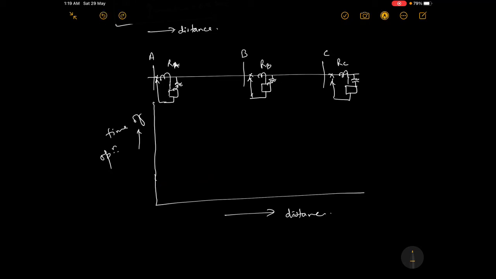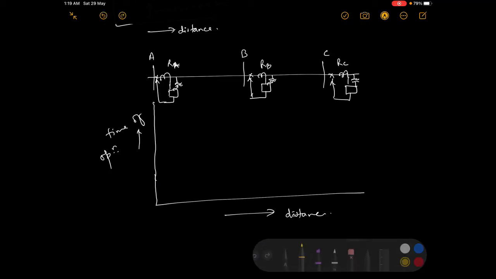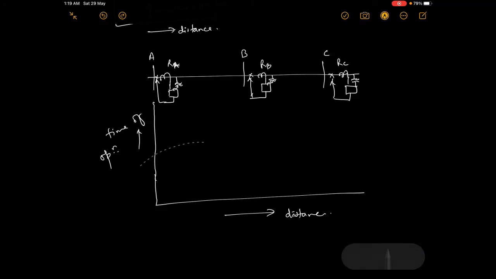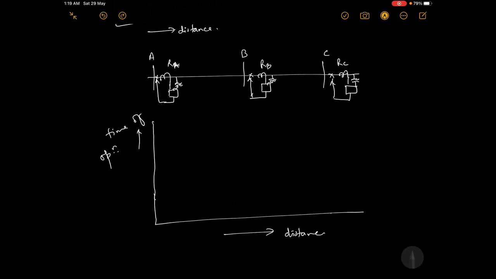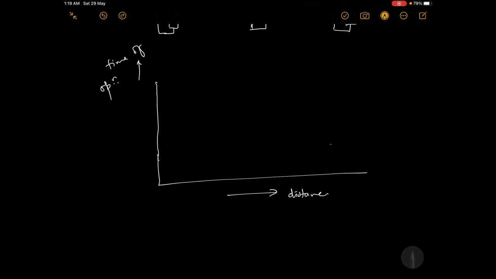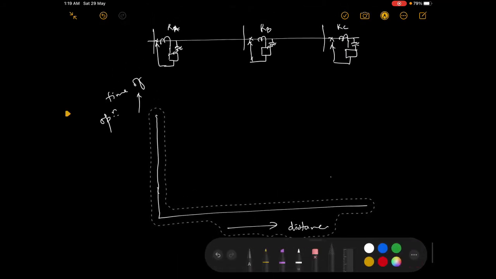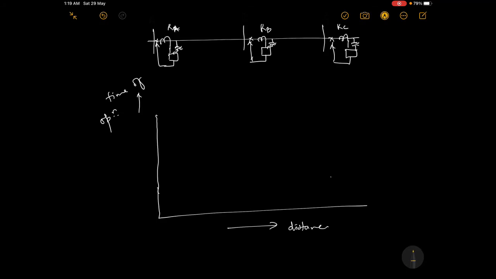Let me draw it a bit differently, so that I can draw properly. So this RA is assumed to be something like this. Let us assume that it is reaching up to here. So this is the transmission line.